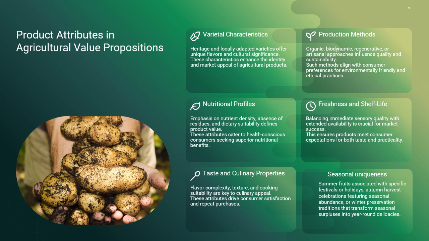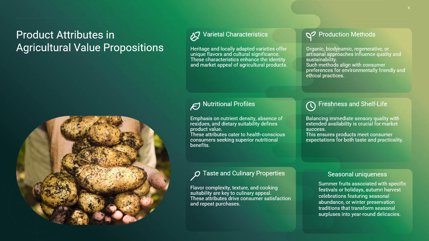The physical characteristics of agricultural products form the foundation of many value propositions. Let's examine the 6 key product attributes that agricultural enterprises can leverage to create distinctive value. Varietal characteristics refer to the genetic heritage of plant and animal products. Heritage and locally adapted varieties offer unique flavors, distinctive characteristics, and cultural significance.